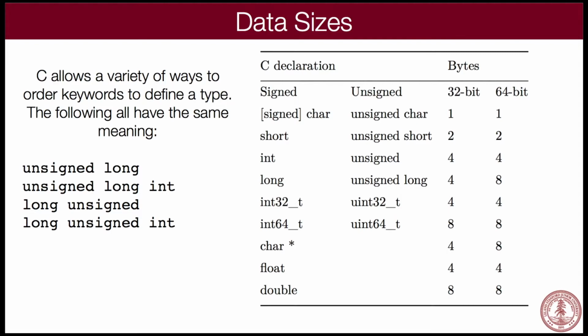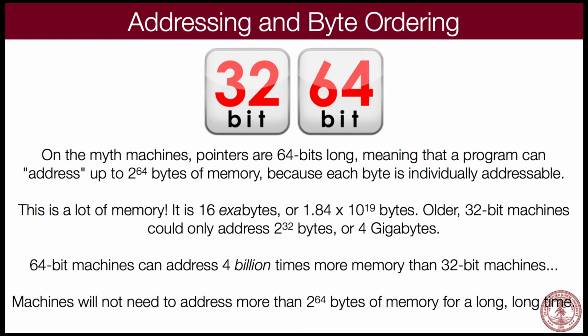Now, here's where things get a little bit interesting. As I said, pointers are 64 bits long. The computer can actually address up to 2 to the 64 bytes of memory, meaning that your computer can address a lot of memory. 2 to the 64 is actually 16 exabytes of memory.